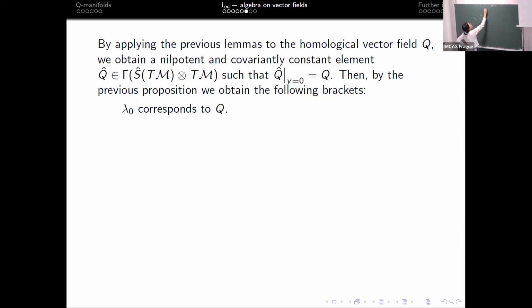These are coordinates on TM. But here I'm identifying this with, these are coordinates on the cotangent space. So I can make an identification with this to del xi at the point x.